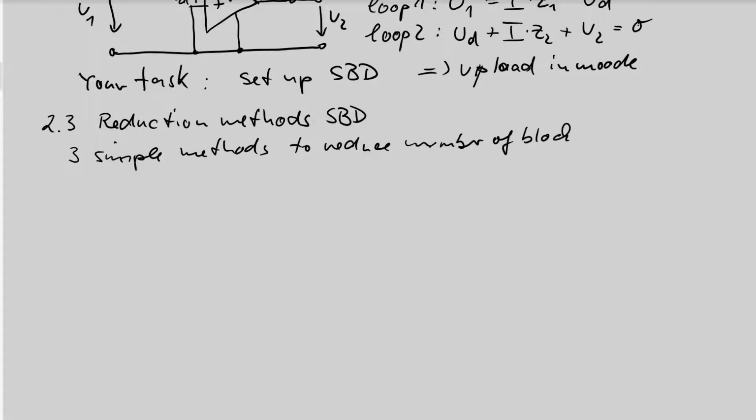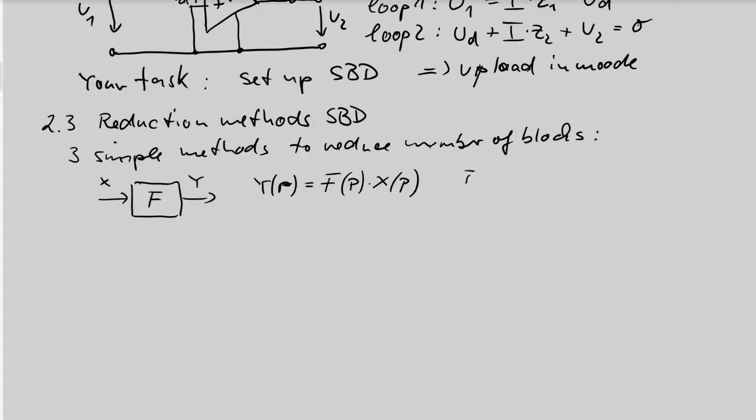One is simple. We assume that these blocks are given with a transfer function, so that we can say, okay, if this is x and this is y, the complex transfer function value y of p is the transfer function f of p times x of p.